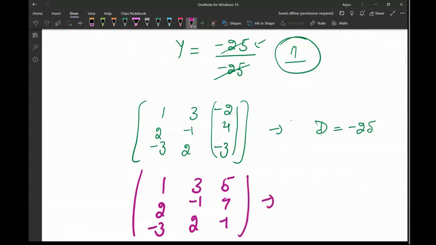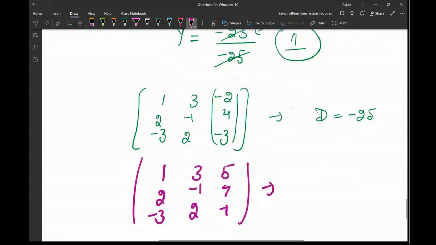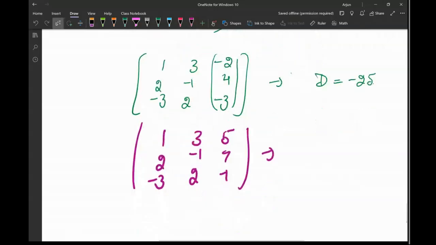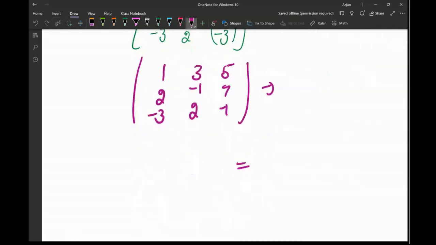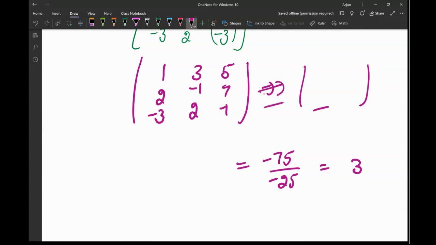And I'm going to simplify this one, and once you get the determinant of this and divide by minus 25, you're going to get the final value of z, which will come out to be 3. So most probably you're going to get minus 75 as the value once you find the determinant of this one. So you will get the z value as 3.